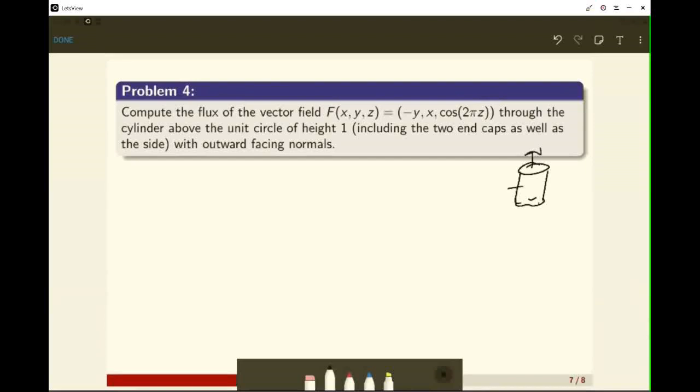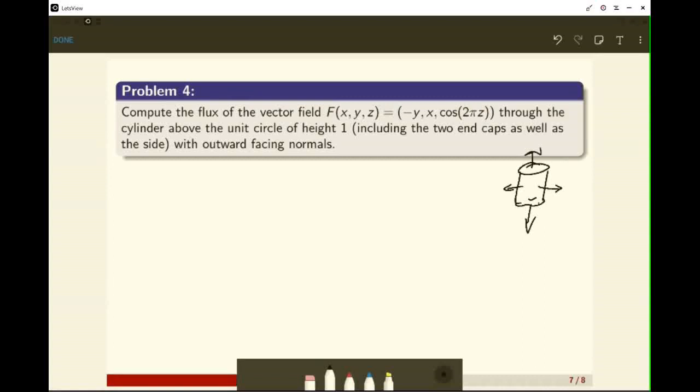For all of these things, how they're dotting with the vector field. And so we could do what we had been doing and parameterize these 3 regions, the lateral surface, the upper plate, and the lower plate, produce the appropriate normals pointing out of the cylinder.